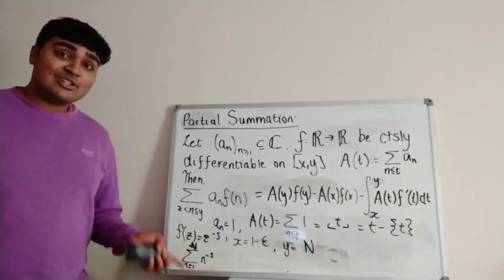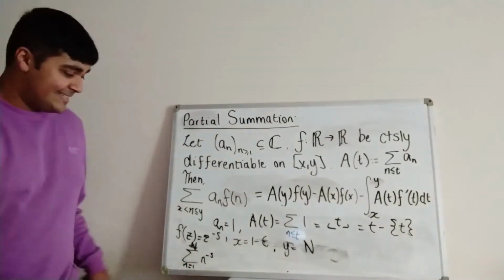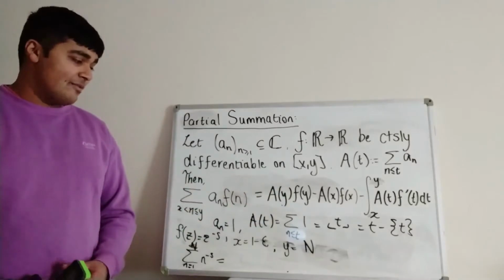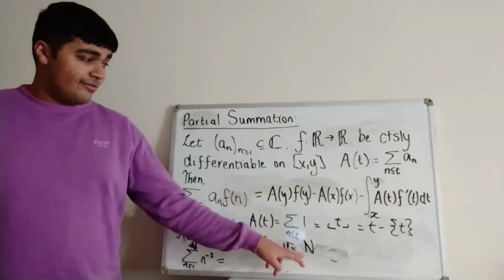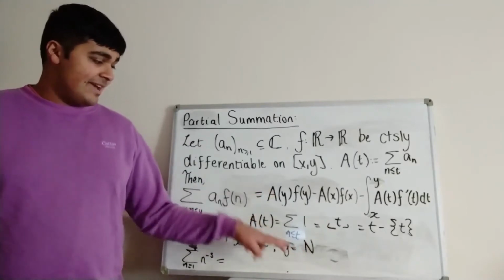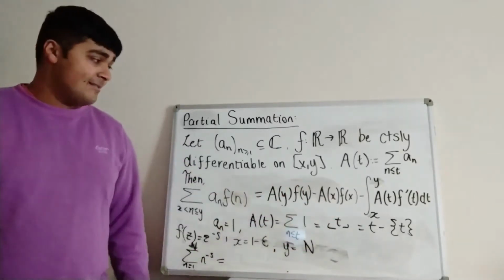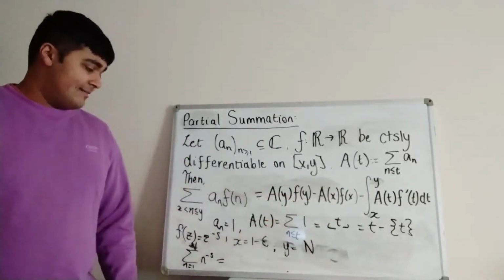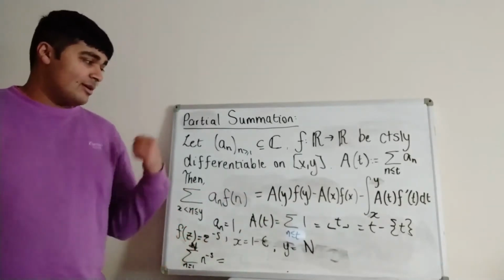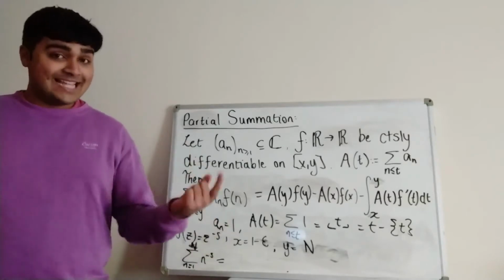Ooh, this is starting to look like the Riemann zeta function. This thing here is going to be equal to capital A of y times f of y. So A of y is going to be A of N, which is going to be the floor of N, times f of N, which is going to be capital N to the minus s. So we've got the floor of N times N to the minus s.